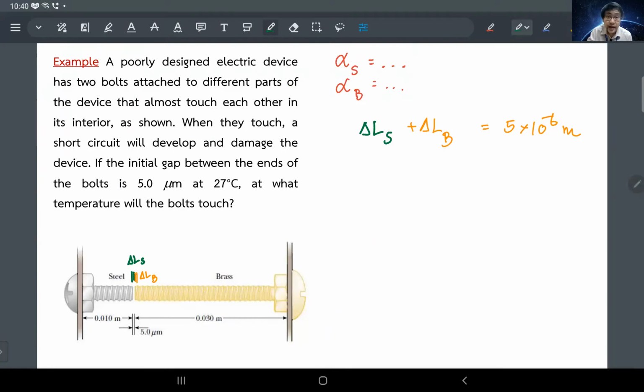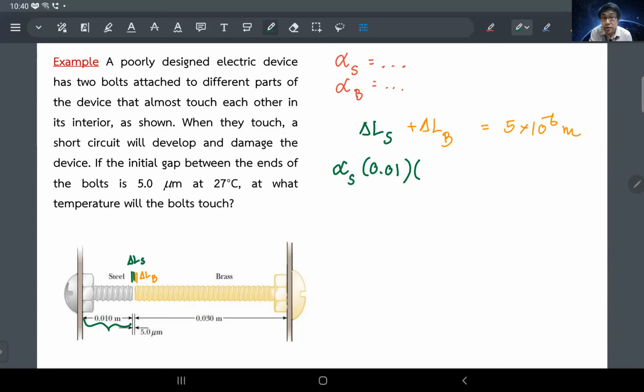Then we just apply the linear equation for thermal expansion. Delta L for the steel is going to be alpha of the steel times the initial length of the steel, which is given to be 0.01.